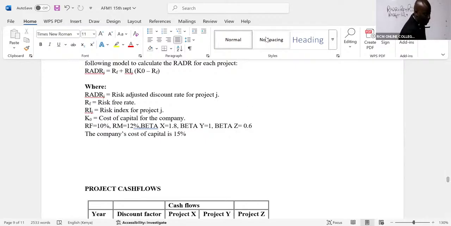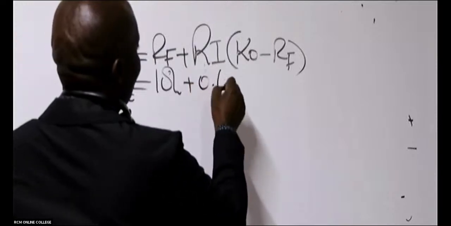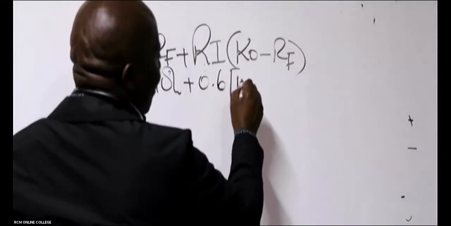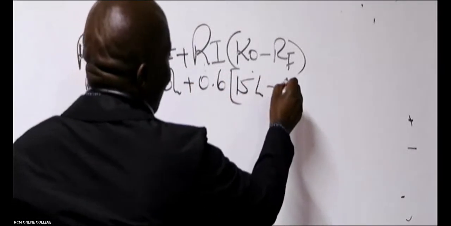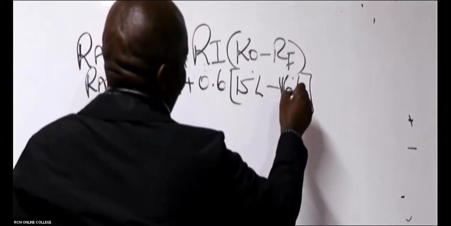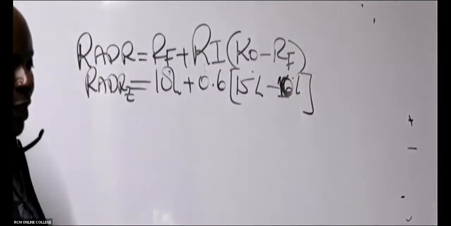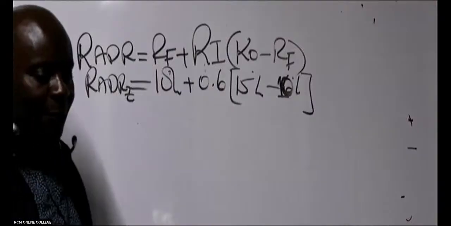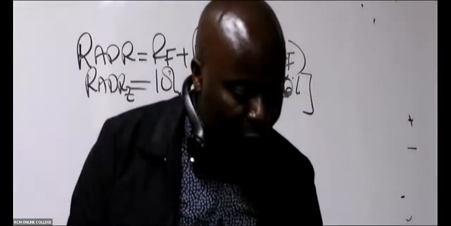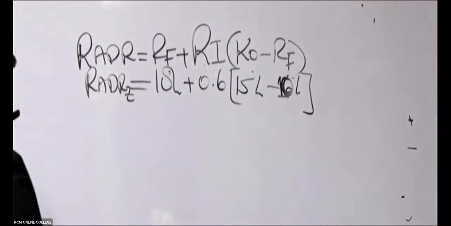Then the cost of capital of the fund is 15% minus the risk-free 10%. Are you able to give us this RADR for Z? Somebody is telling us that it is 13%.